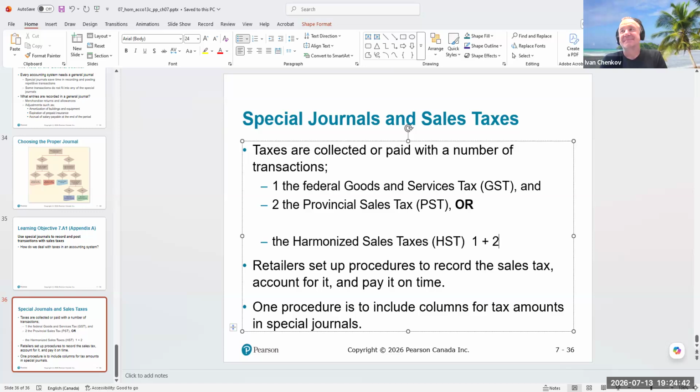So if you bought 2 burgers, for example, for $10 from McDonald's, before 2010 you paid 5% GST. After 2010, you had to pay 12%. And the people started complaining.